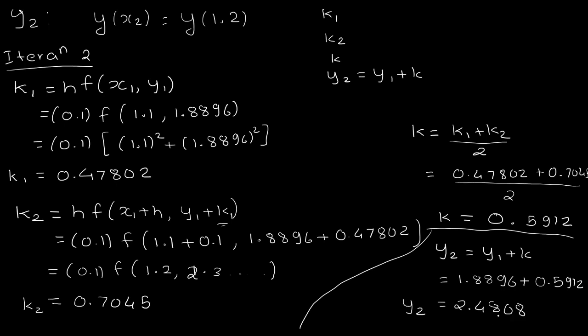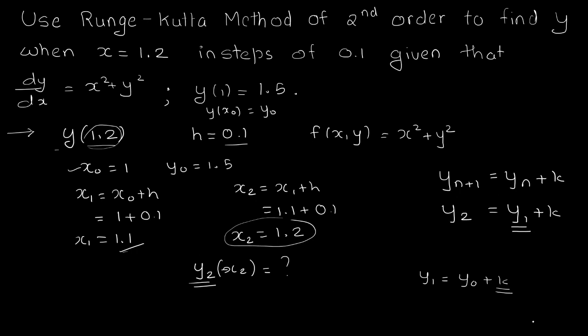That is my y2 value, 2.4808, and this was the required value. Y2 is y at x2, that is y at 1.2, and this is that particular value, 2.4808. So this is how we calculate.